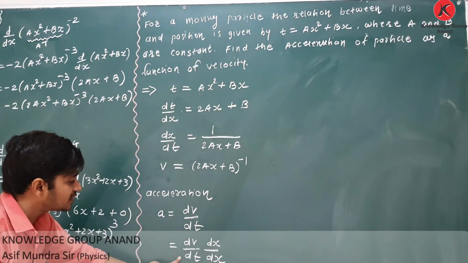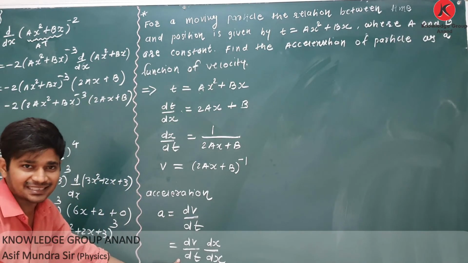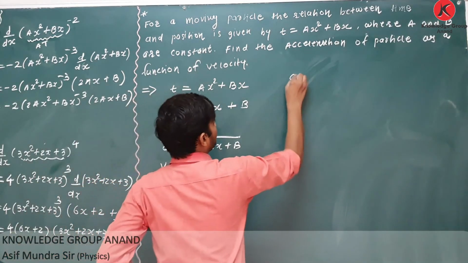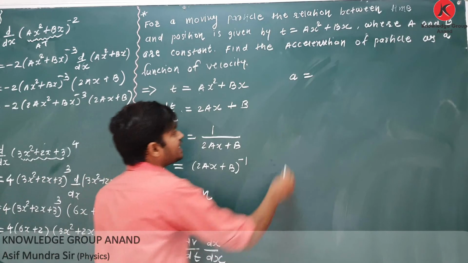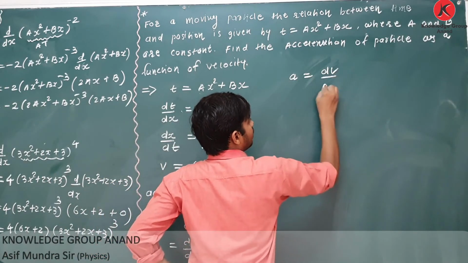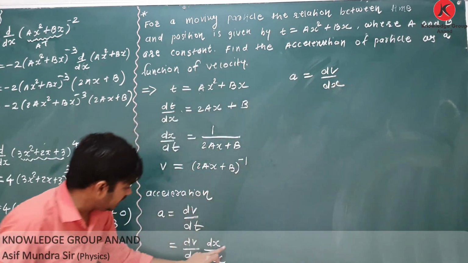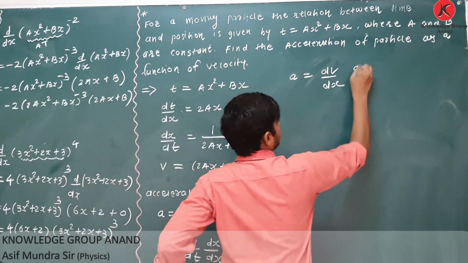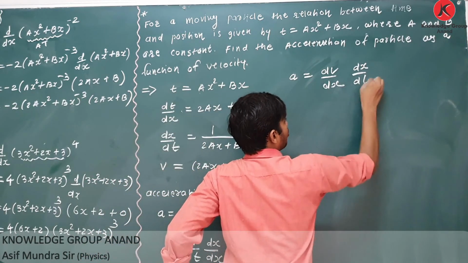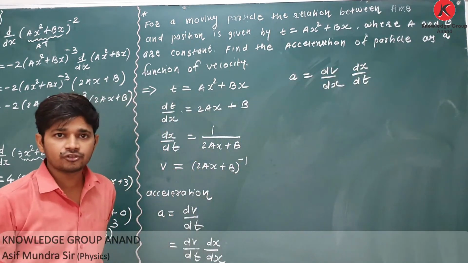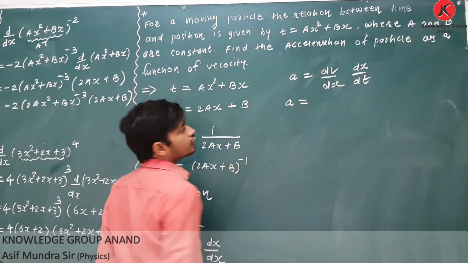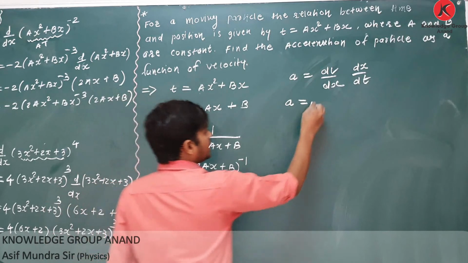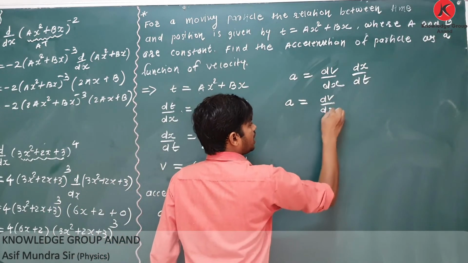Now how to write this? a is equal to dv upon dx times dx upon dt. Clear about this? Okay, so a is equal to dv upon dx.